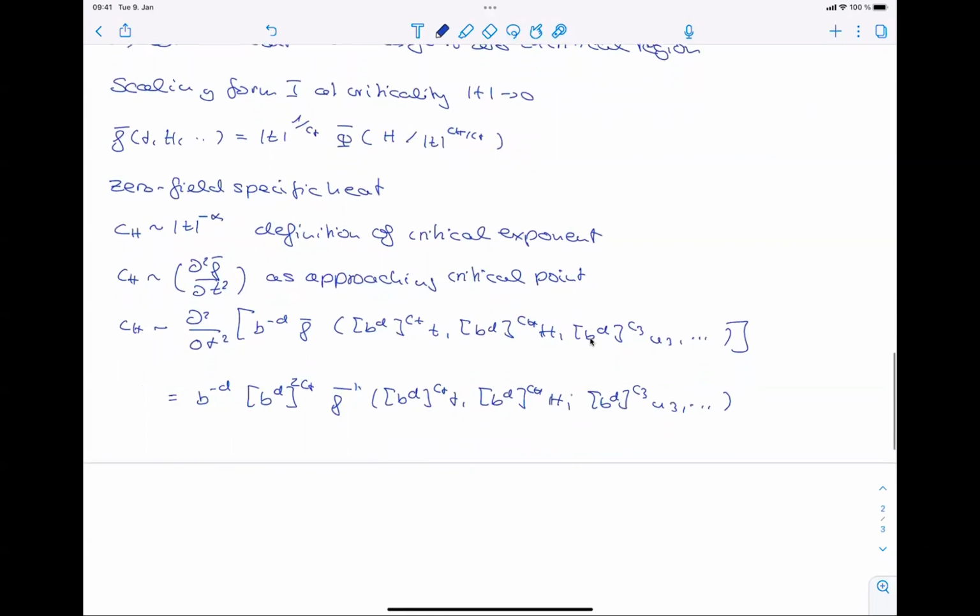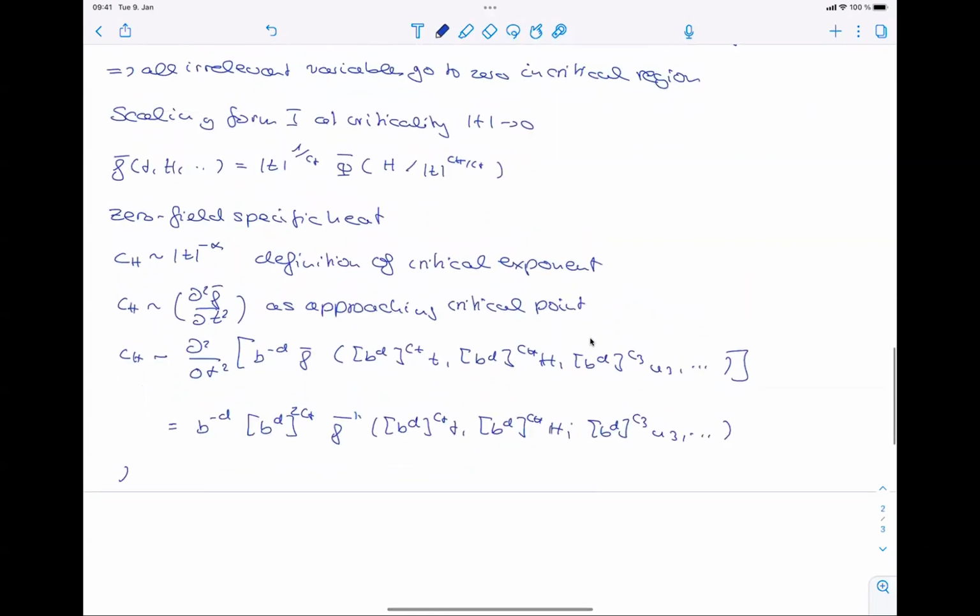And now again, using this ansatz of the scaling form, at criticality. So at criticality, we send t to 0, having chosen b of d as t to the minus 1 over c_t.